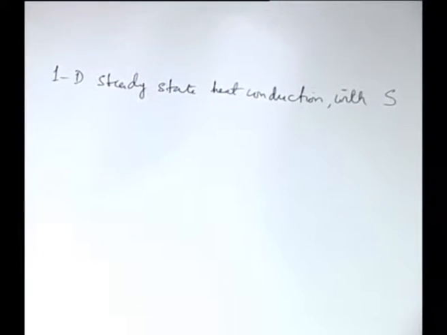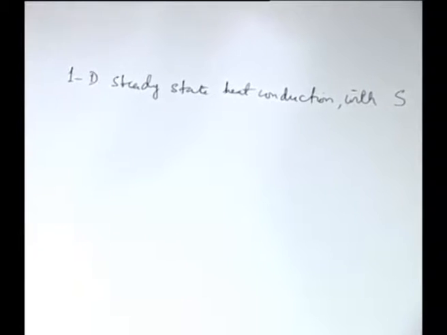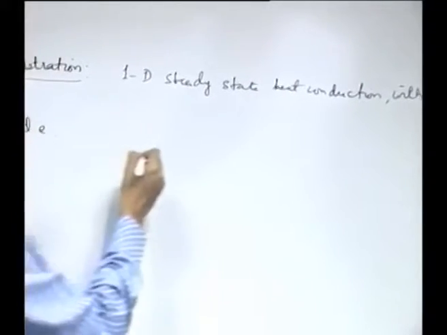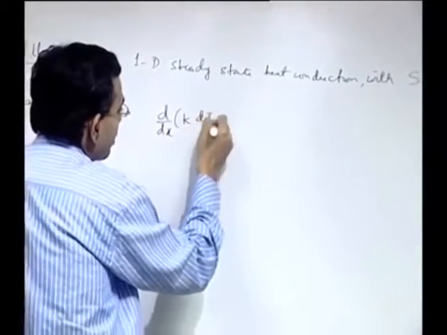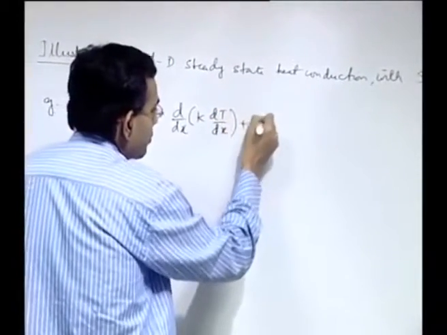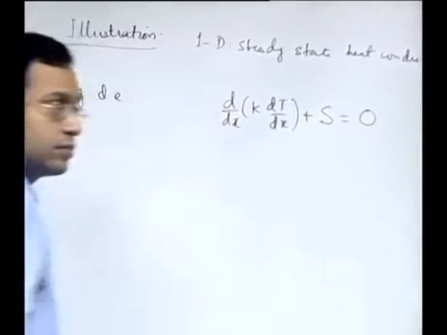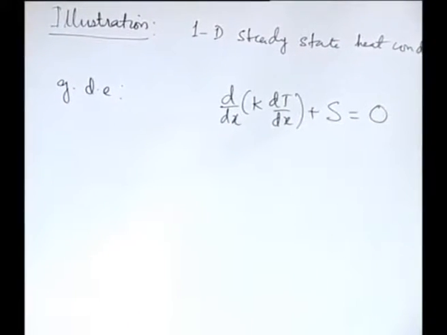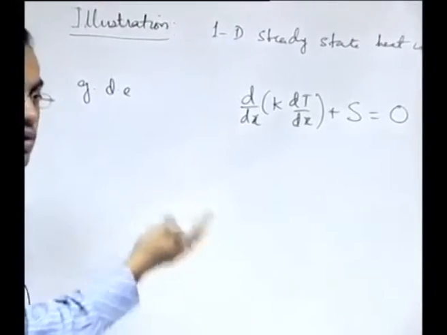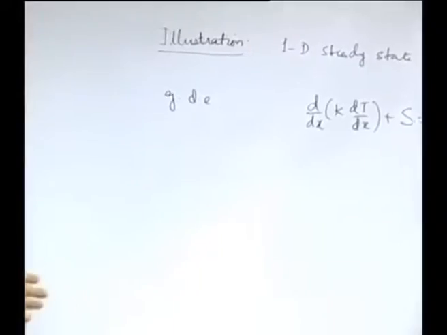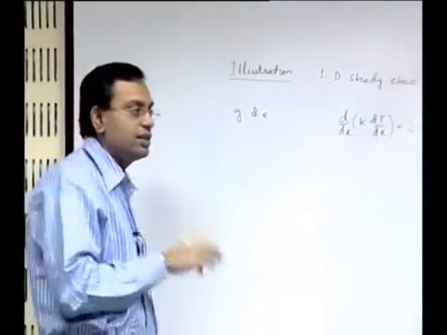What is the governing differential equation? d/dx of k dT/dx plus S equal to 0. We have chosen this equation because we have chosen the same equation to illustrate the other methods. So let us see how it compares with the other methods through this same equation.